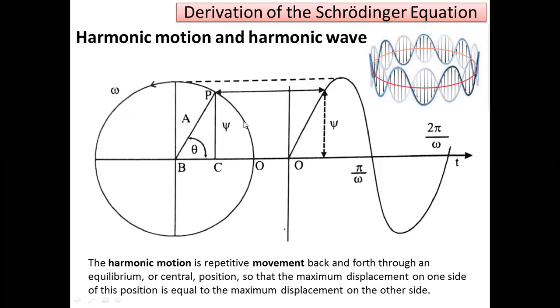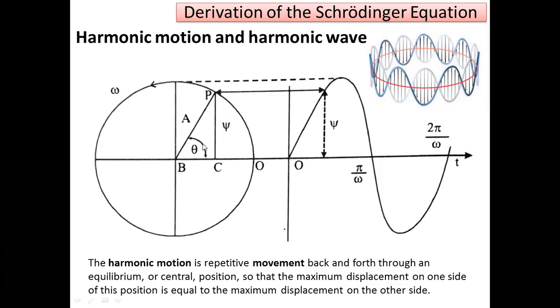When it is moving on this path, it is covering one fourth of the circle, from here to here. This is the half wave, and this is another half wave. That means this is the full wave here.